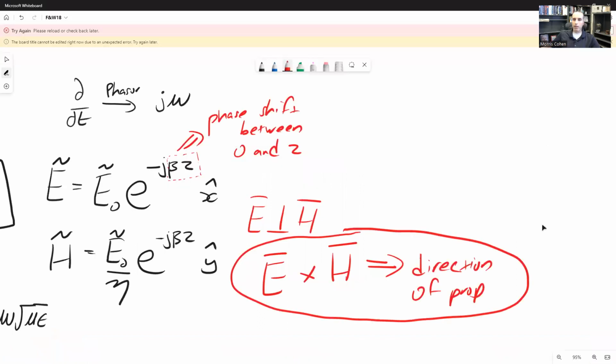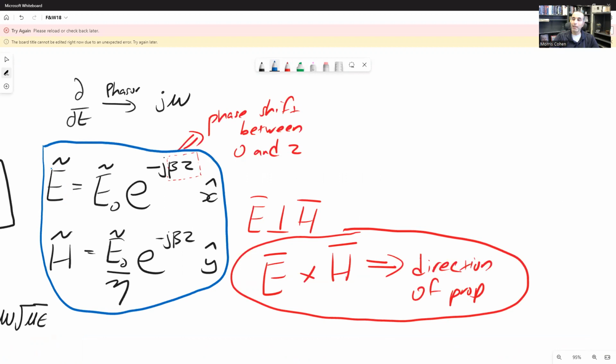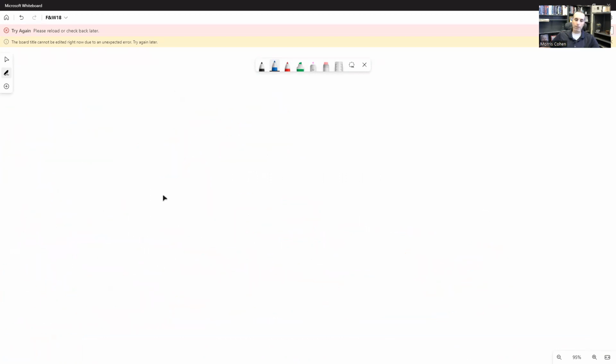All right, so let me go back to these two equations right here, which show, for a uniform plane wave, the electric field and magnetic field, when we are saying for sure that it's propagating in the positive z direction. I'm going to rewrite them again so we can recast it.